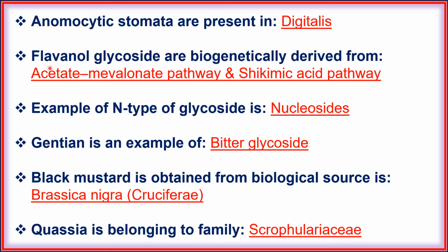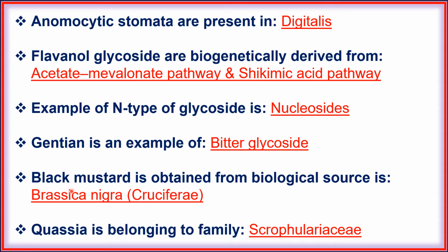Next, flavonol glycosides are biogenetically derived from acetate mevalonate pathway and shikimic acid pathway. Next, example of N-type of glycoside is nucleosides. Next, gentian is an example of bitter glycoside.